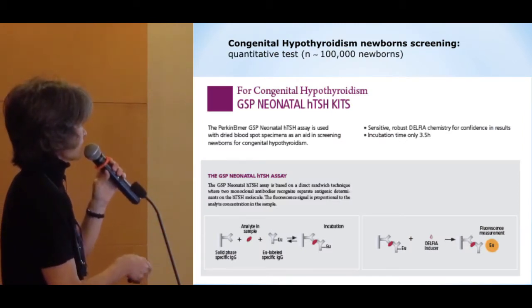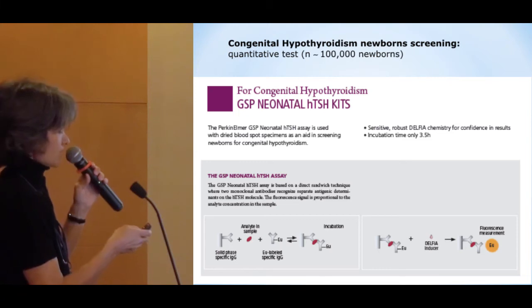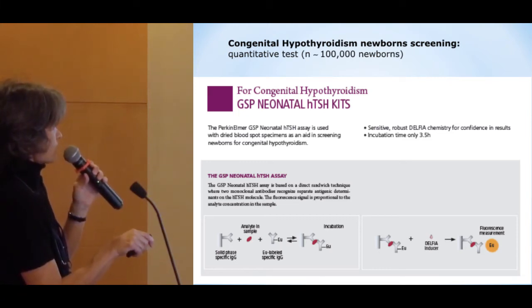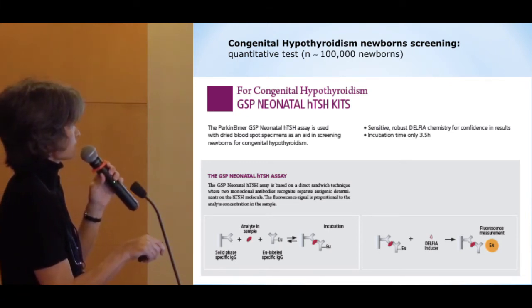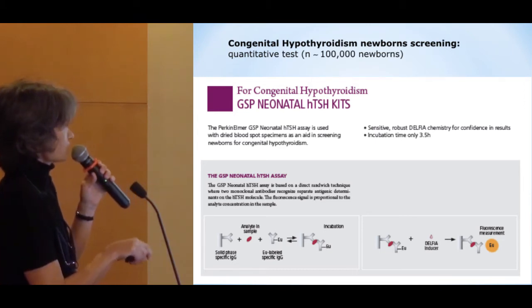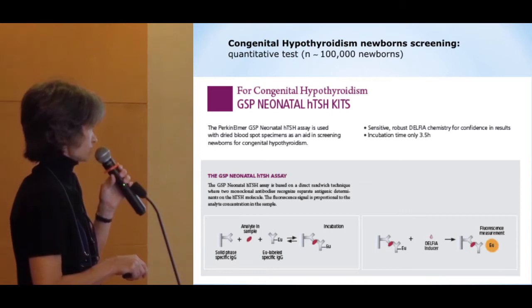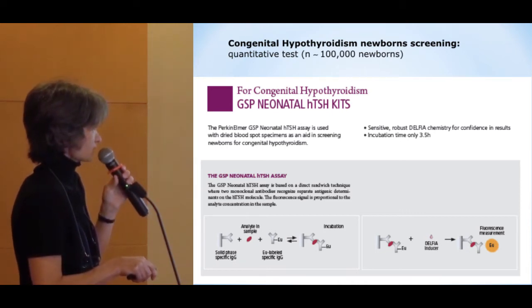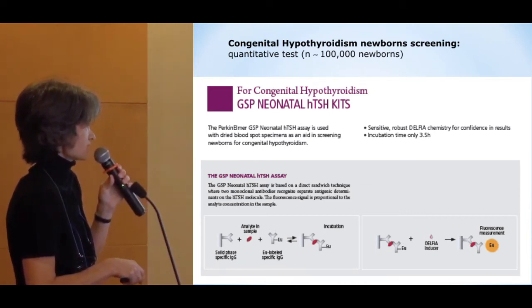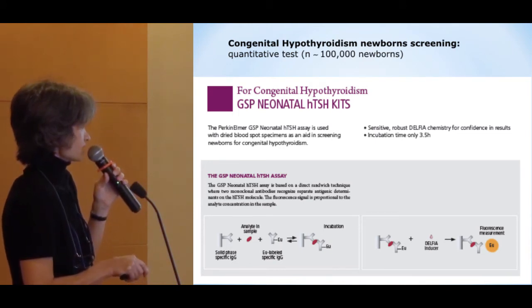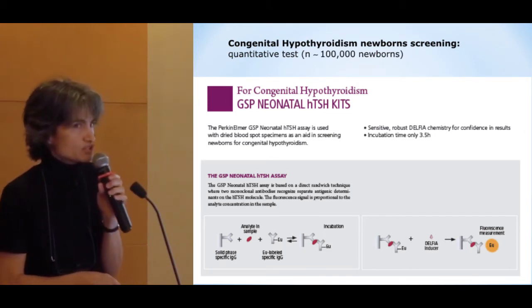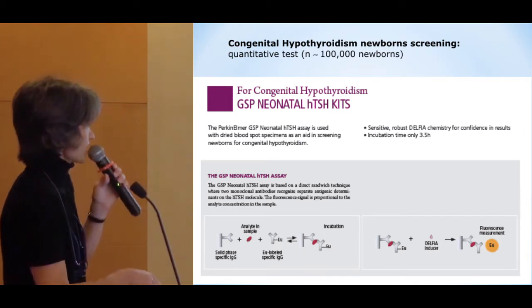Okay, this is the kit we are using, and we run almost 100,000 newborns, and it's based on the sandwich principle. That means the TSH, which is right here, is packed between two antibodies. And at the end of the procedure, the fluorescence is proportional to the amount of TSH present in the samples.